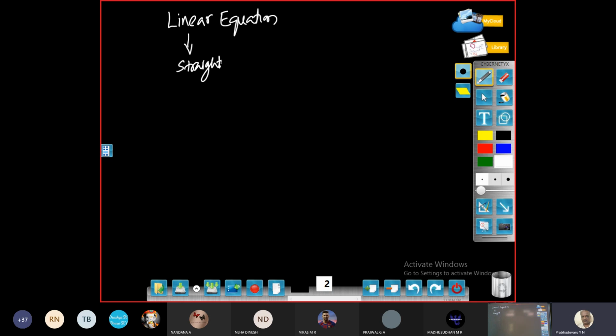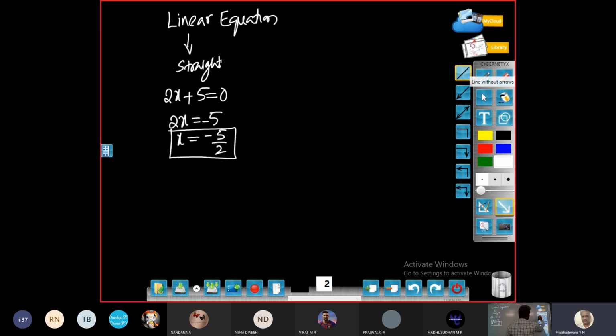If I take 2x plus 5 is equal to 0, this is a linear equation in one variable. If you find the solution, transfer 5 to the right side: 2x is equal to minus 5, x is equal to minus 5 by 2. This is the solution. And you have studied in the earlier classes to represent this on a number line also.